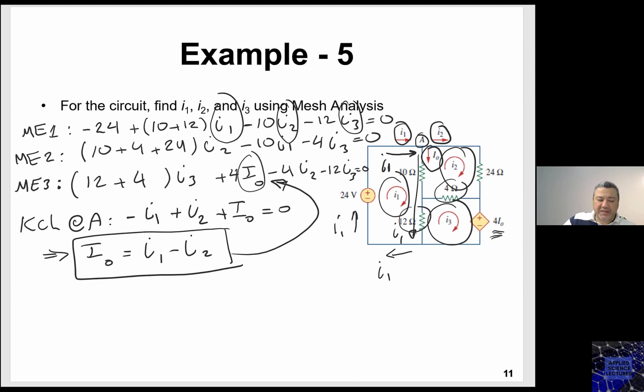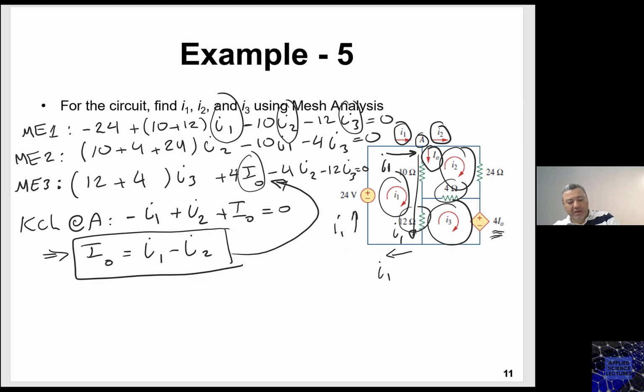At the end, it is the same. Believe me, it is the same. If you substitute this I naught in mesh equation number 3 and rearrange it, you are going to get an equation with I1, I2, and I3 and a constant. No difference. So my concern again was that with 3 meshes, you still have 4 variables, but then you can add an equation at node A to create the fourth equation.